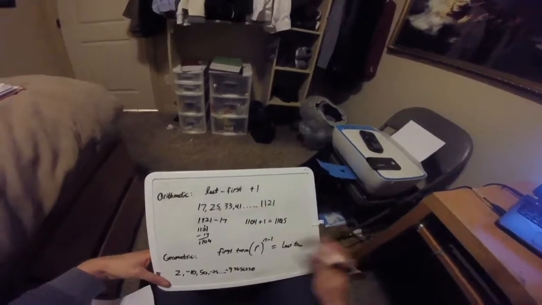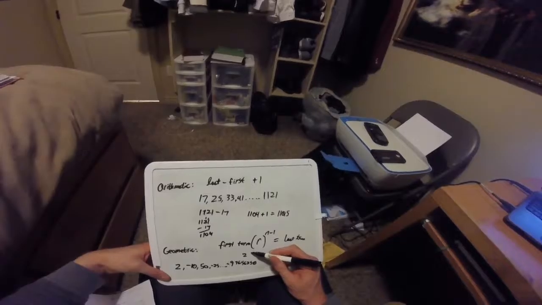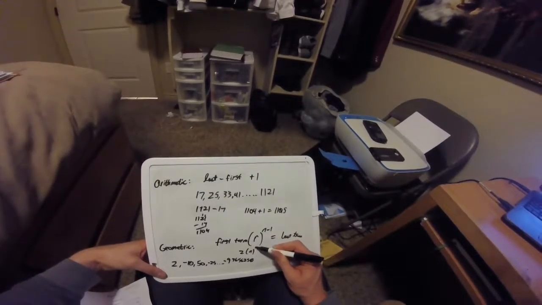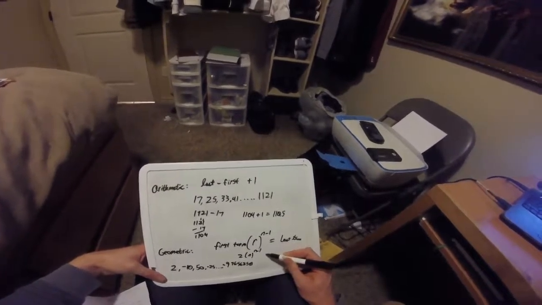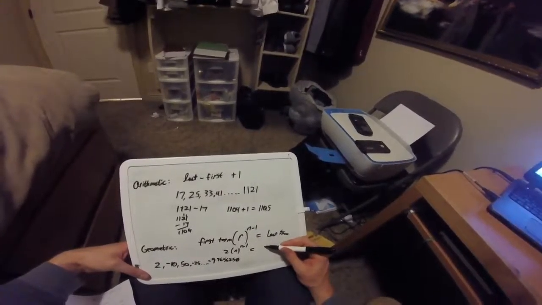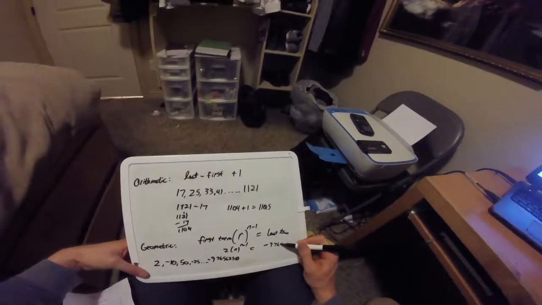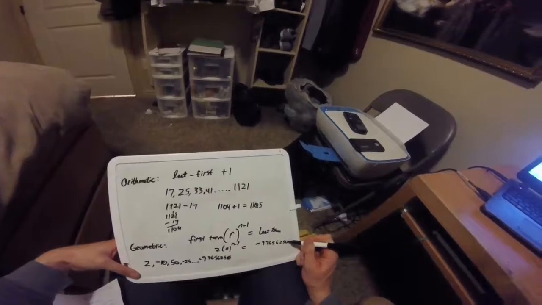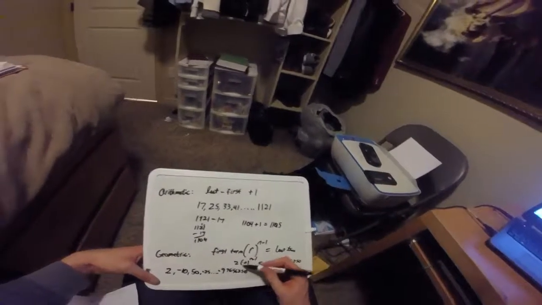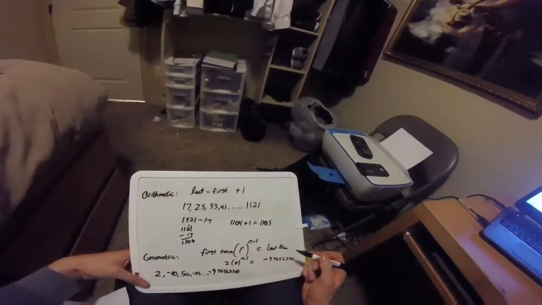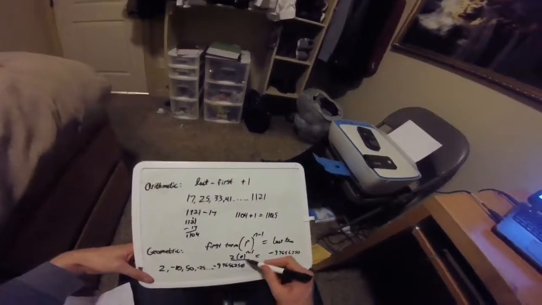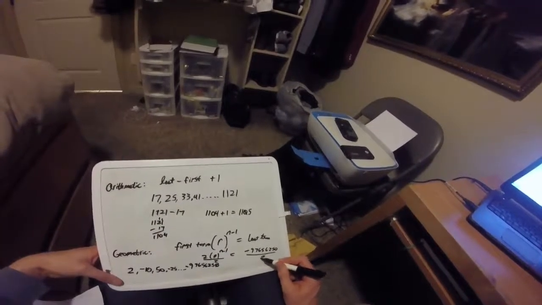Okay. First term being 2, r to the n minus 1 equals negative 9,765,625,0. So we want to solve for n. We'll divide both sides by 2.